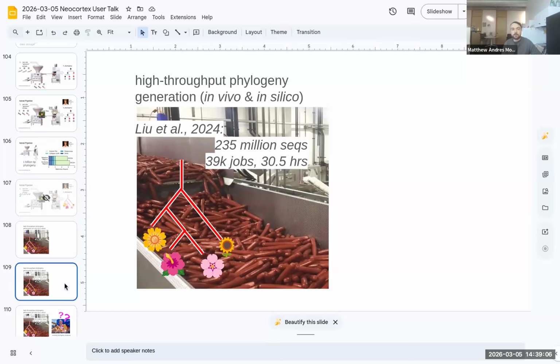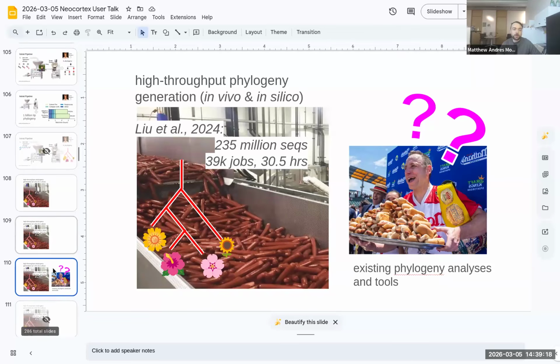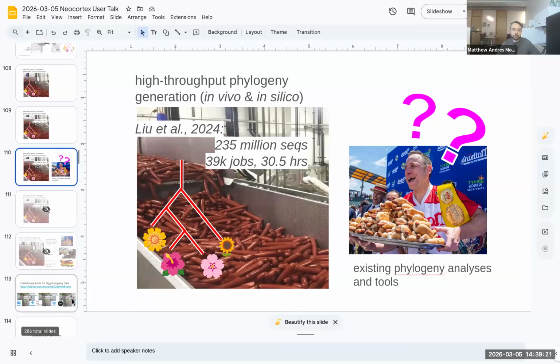The largest that I know of in the last few years is using single cell data to build a 235 million tip phylogeny.